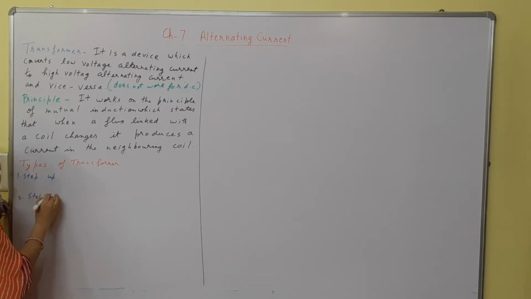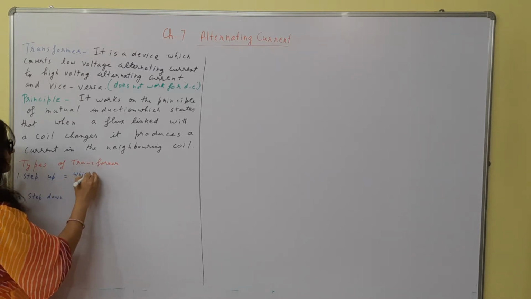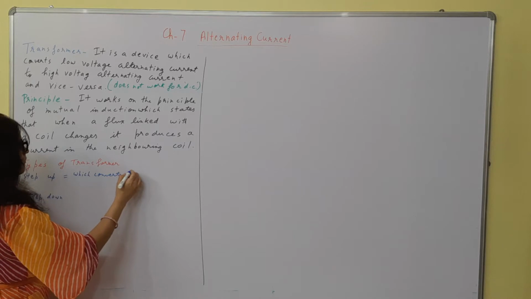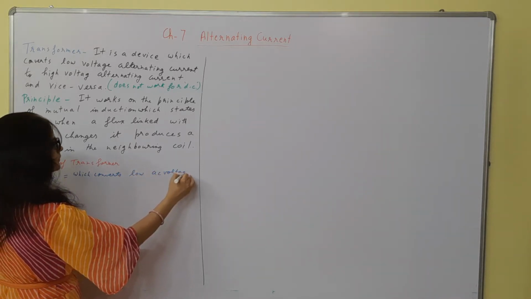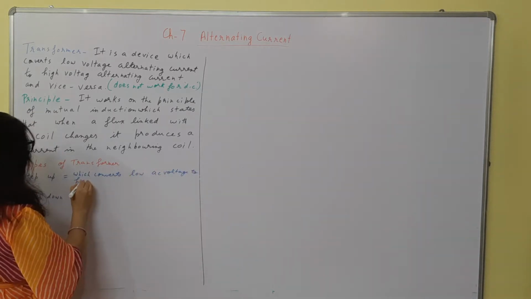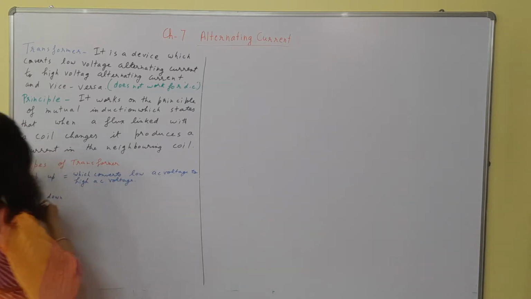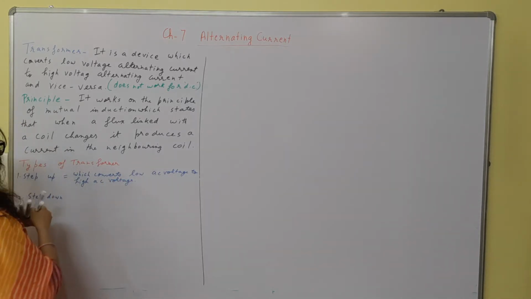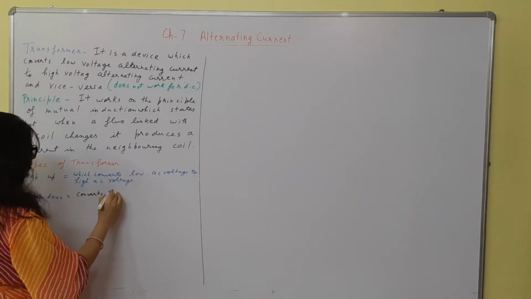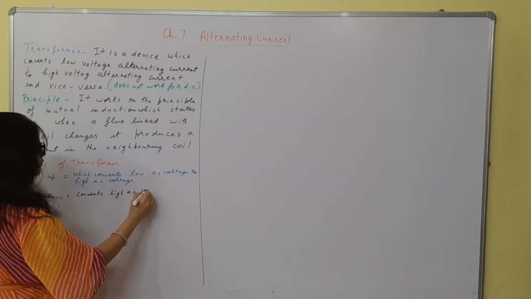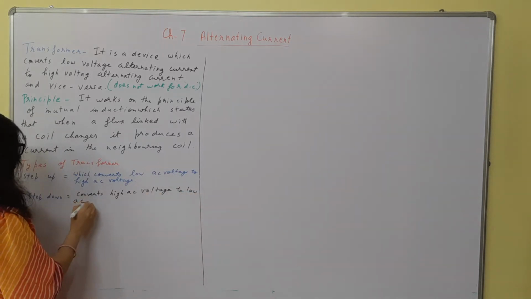So based on this it is of two types: step up transformer, which converts low AC voltage to high AC voltage, and step down transformer, which converts high AC voltage to low AC voltage.